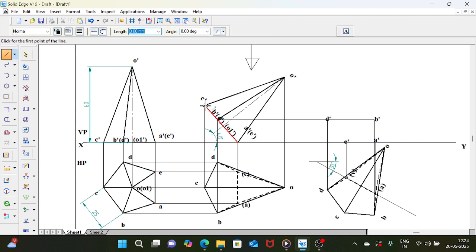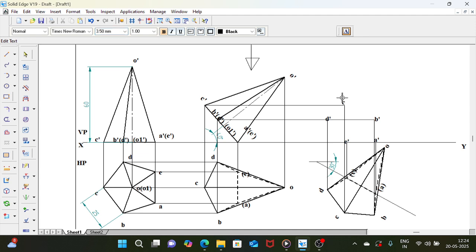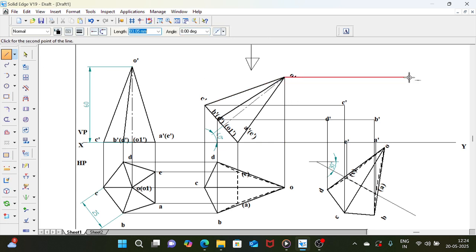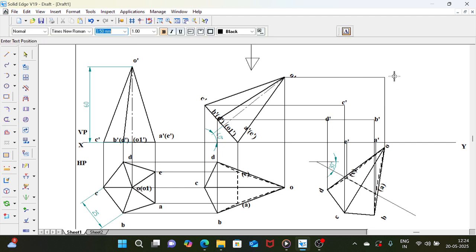Similarly, draw the C projection, join the C line to here, trim the unwanted extra projection, mark it as C dash, then join the apex point O, trim the unwanted projection line, mark it as O dash.